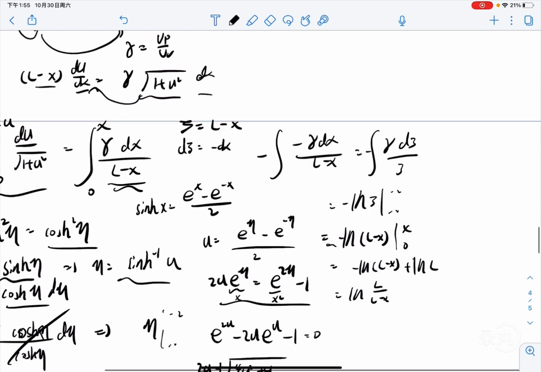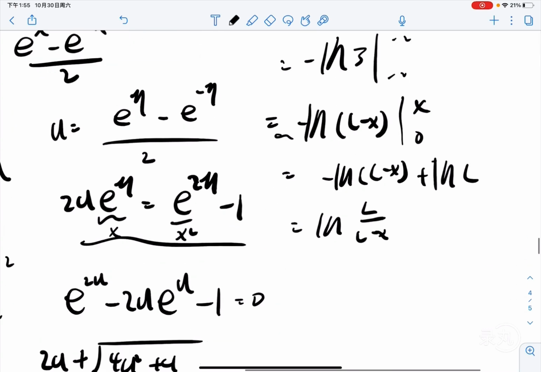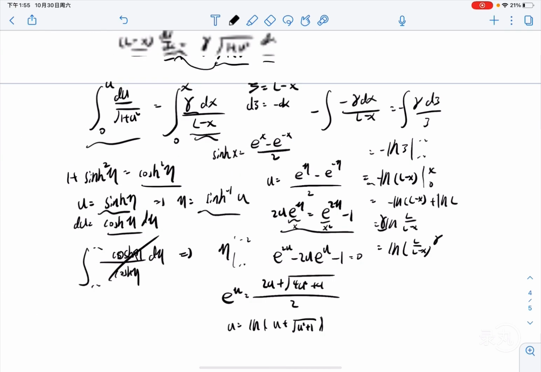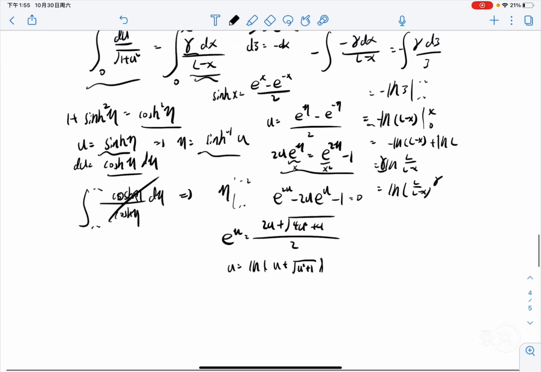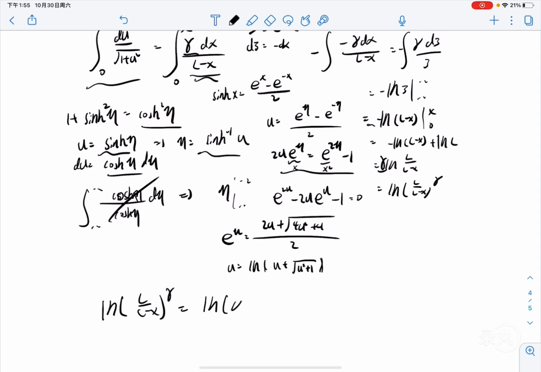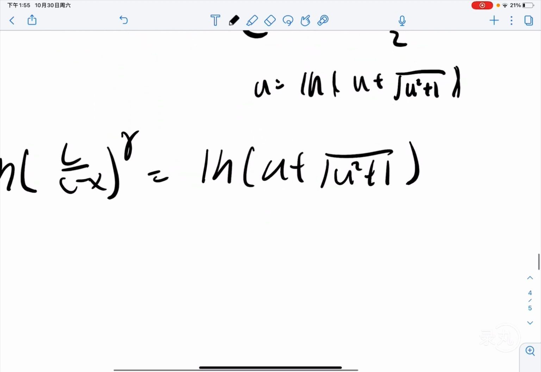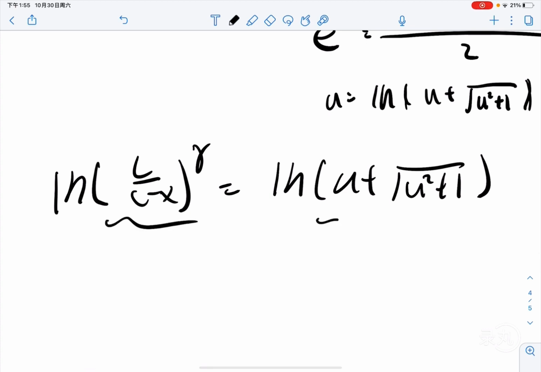And because we know that there's a property, which is this, is equal to L minus x to the power of gamma. So now we have the equation to be ln of L minus x to the power of gamma is going to be ln of u plus the square root of u squared plus 1. And we know that this term is going to be equal to this term.